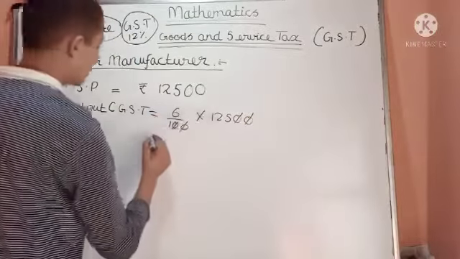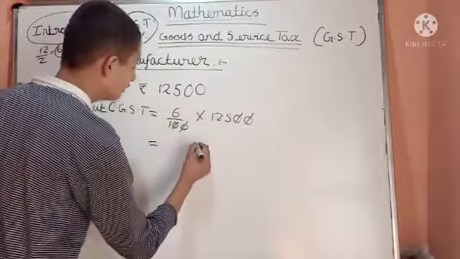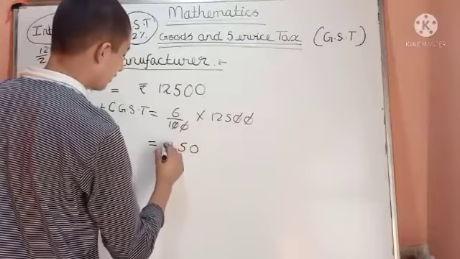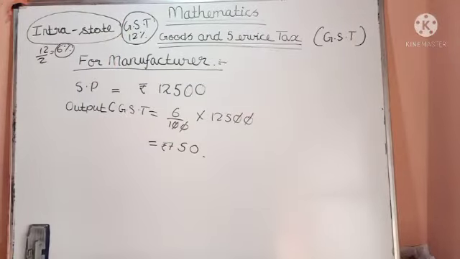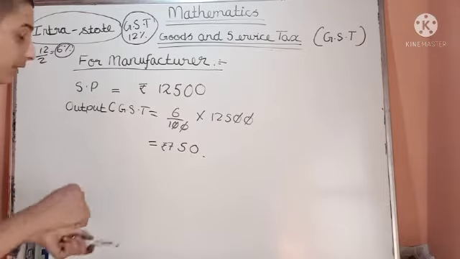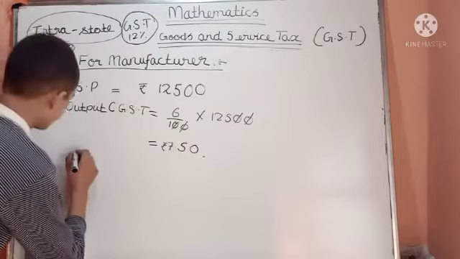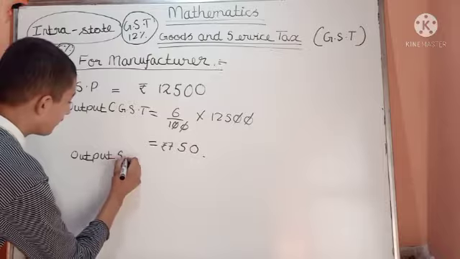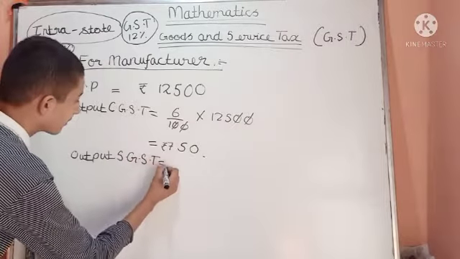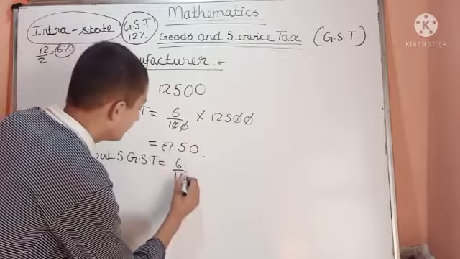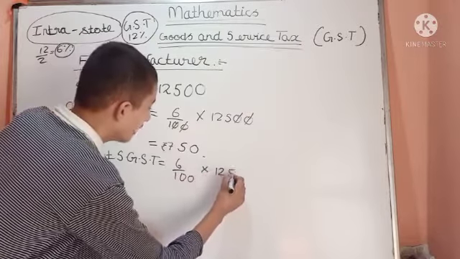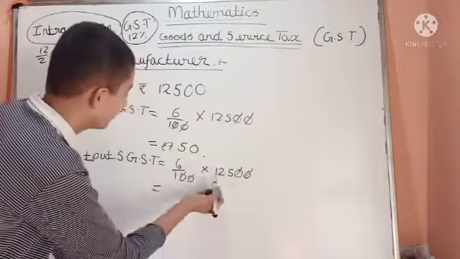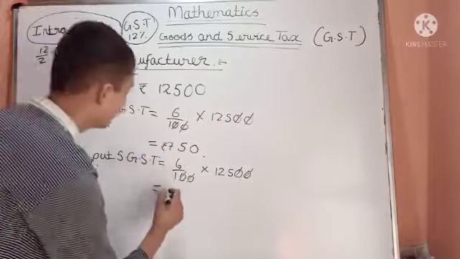When we multiply 6 into 125, 6 5s are 30, 0, 3 carries, 6 2s are 12, 15, 5, 1 carries, 6 1s are 6, so 750. Output CGST is equal to 750 and output SGST will also be 750, but we will calculate it. Output SGST is 6/100 into 12500. Again zeros will be cancelled and we multiply 125 into 6. It is rupees 750.